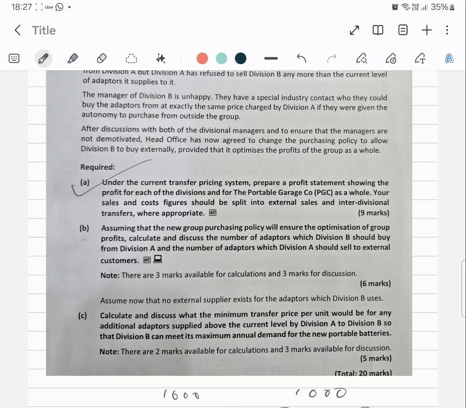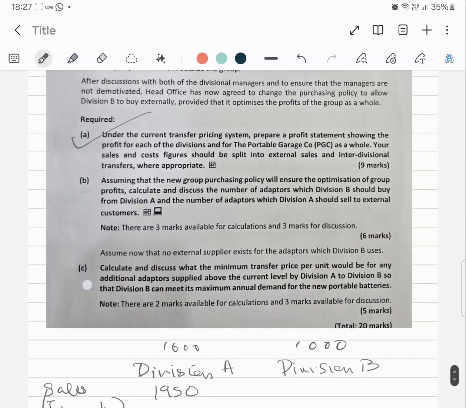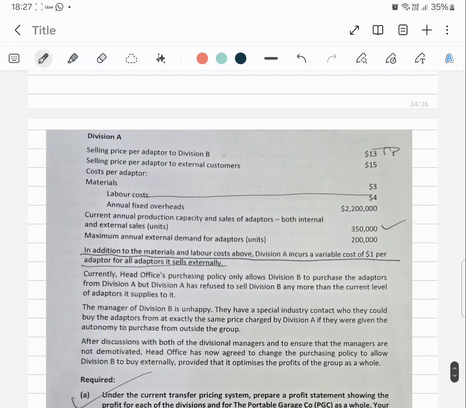And A is selling to the external customer at 15, right? So the annual production, A has maximum external sales demand of adapters 2 lakh, and so it can only supply 1,50,000.